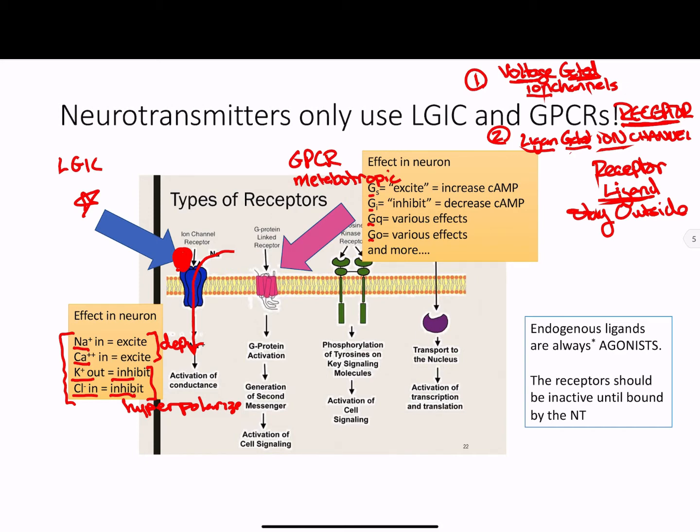So the two that we are most focusing on are the Gs, and S is for stimulatory. That's going to increase cyclic AMP. Those are going to excite a neuron and make it more likely to fire. And Gi, I for inhibitory, those are going to decrease cyclic AMP, and they are going to make it less likely for a neuron to fire.